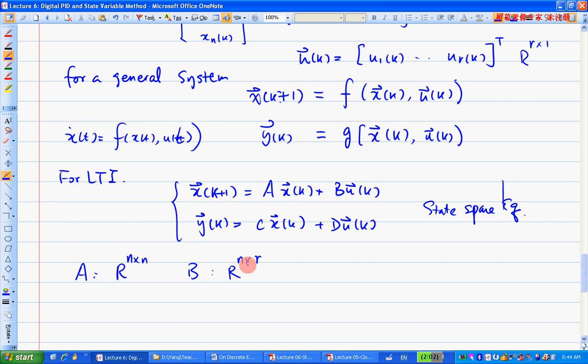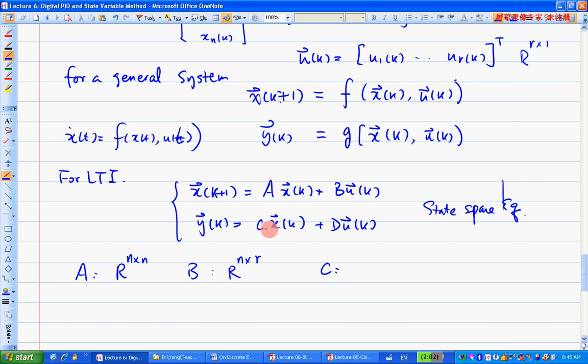Does that make sense? When you multiply an n by r matrix by an r by 1 vector, you get n by 1. So the size has to match the matrices.